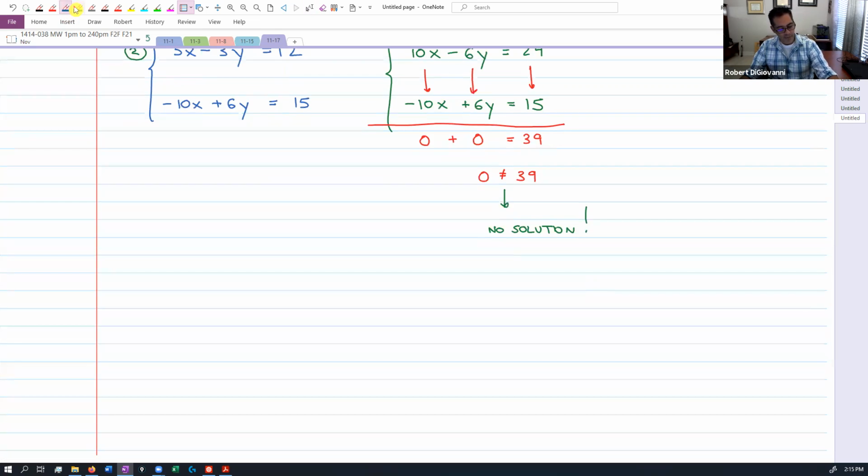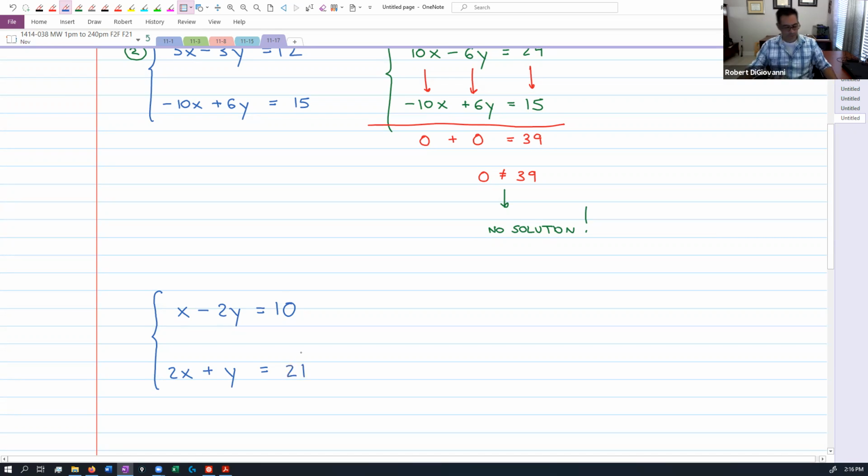Let's do another one. How about this? x minus 2y equals 10. And then let's go with 2x plus y equals 21.